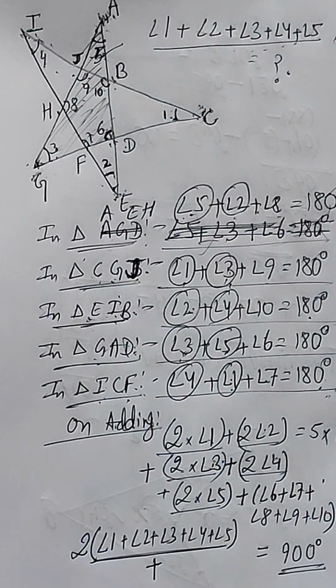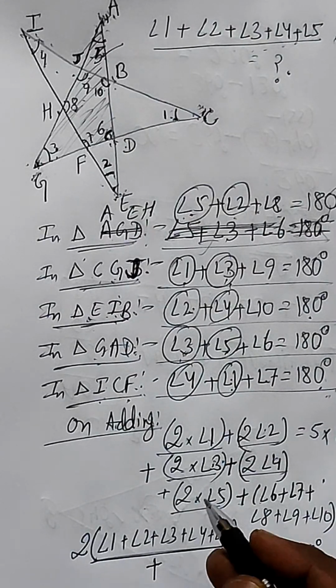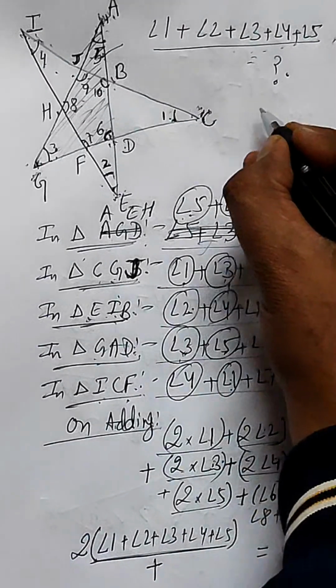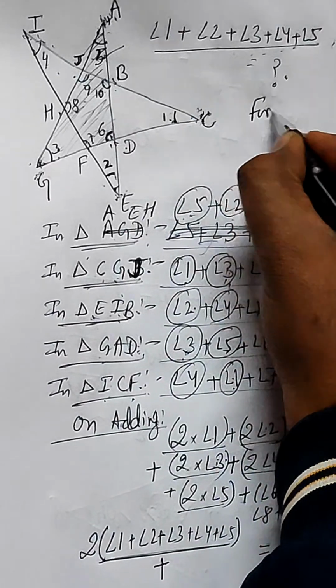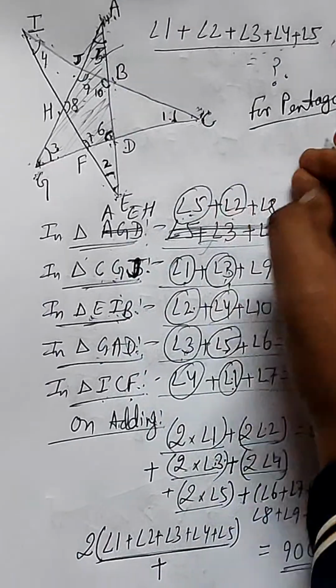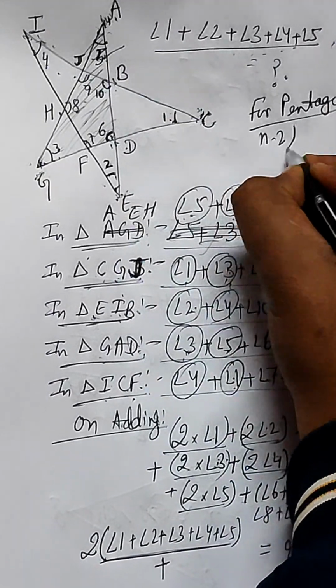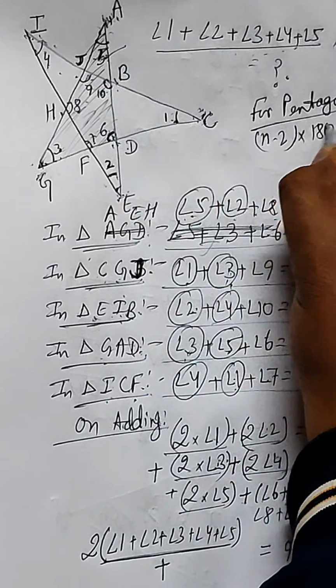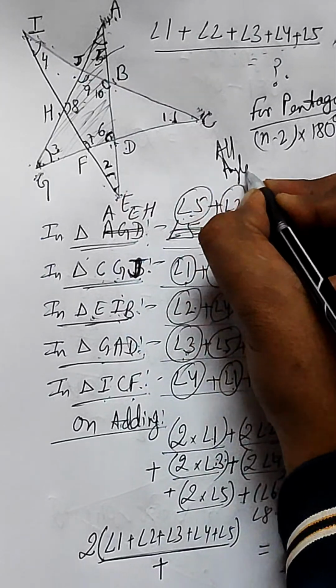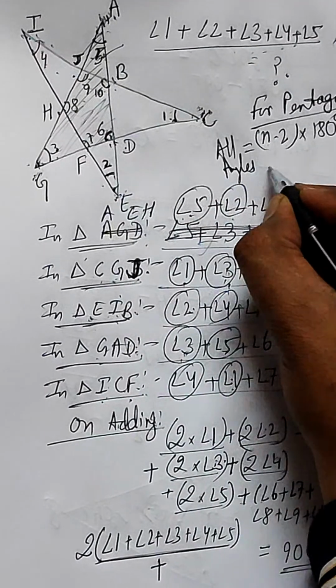Do you know the formula for any closed figure? What is the sum of all interior angles? It's n minus 2 into 180 degrees. For a pentagon, n minus 2 into 180 degrees, all angles sum, where n is equal to 5.